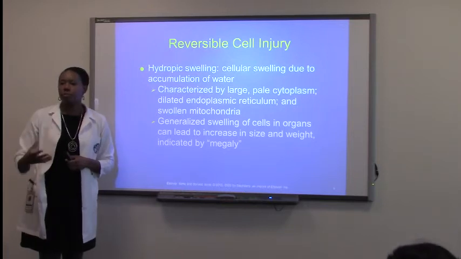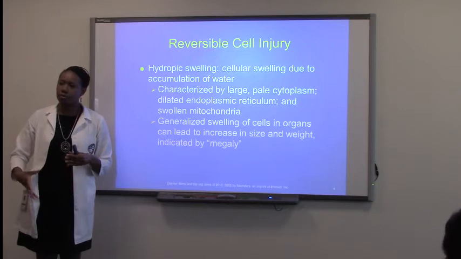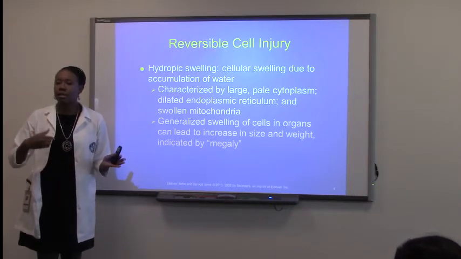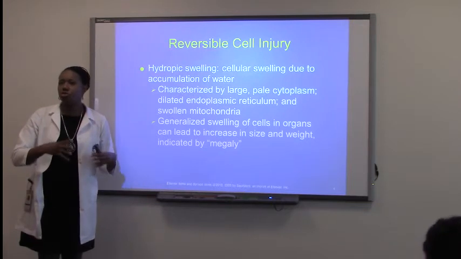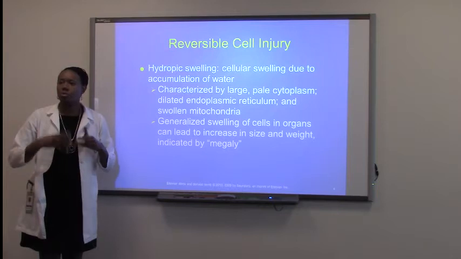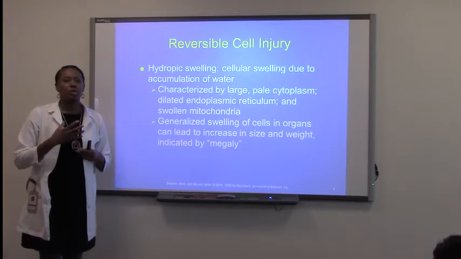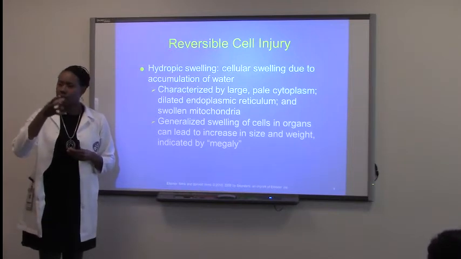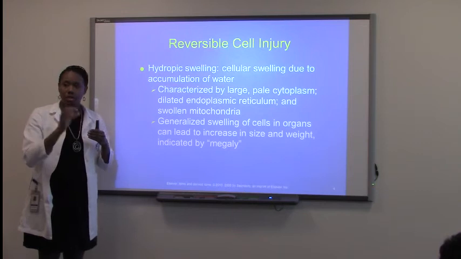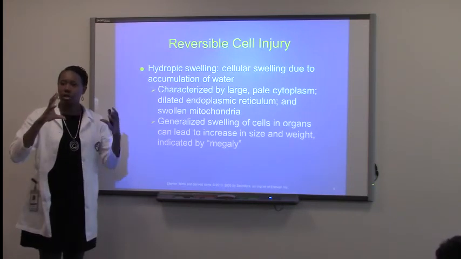If the person does not have enough blood flowing through to the different organs and different parts of the body, the body's compensatory mechanism is to get the heart to pump faster, because the more the heart pumps, the more blood is going to get pumped out and faster to the different areas of the body. So as the heart pumps faster and faster and faster, the cell damage that's going to occur to those muscular cells is going to be this hydropic swelling. It will get larger.